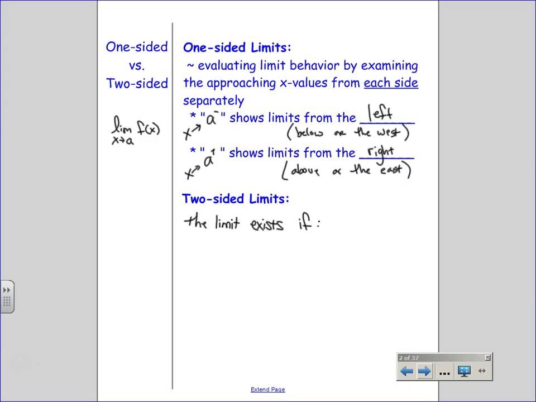Let's see if you guys have had me long enough to be able to perfectly fill in the statement at the bottom. The two-sided limit will only exist if the one-sided limits agree. I think we hit that one pretty hard in honors last year too. Honors pre-cal. The limit will only exist if the one-sided limits agree.